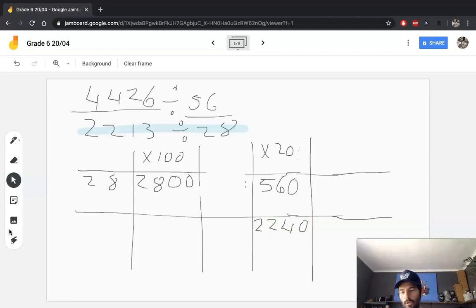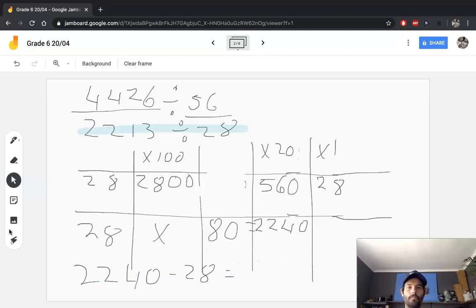All right. So 28 multiplied by 80 is going to give me 2,240. But I know that 28 multiplied by 1 is 28. And if I take 28 off 2,240, and I'll write that down for you, I'm going to get 2,212.